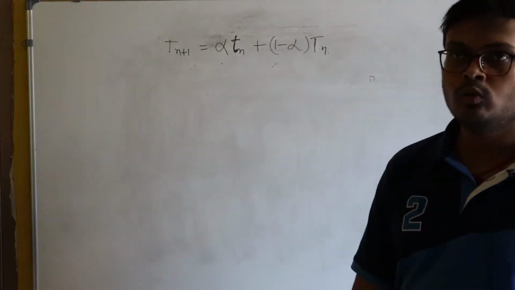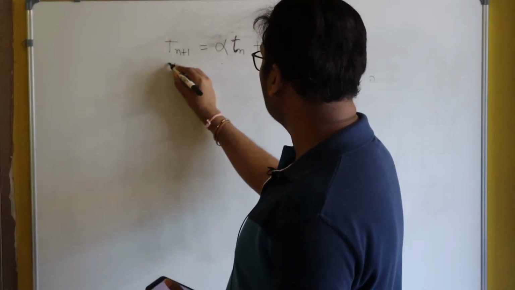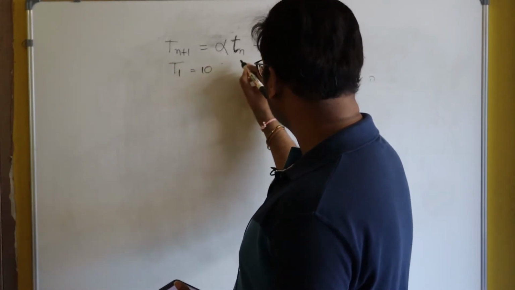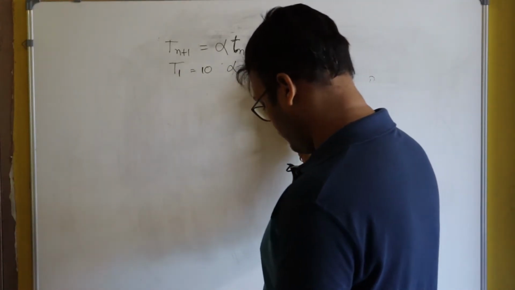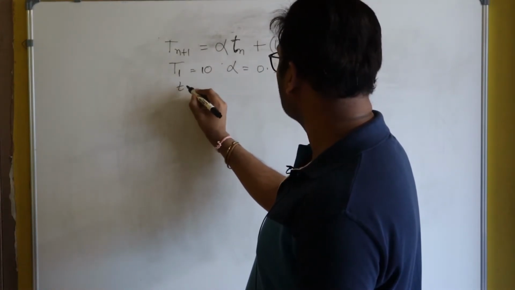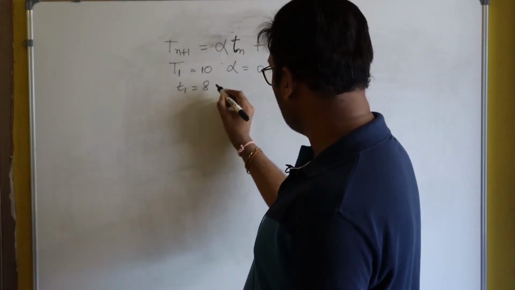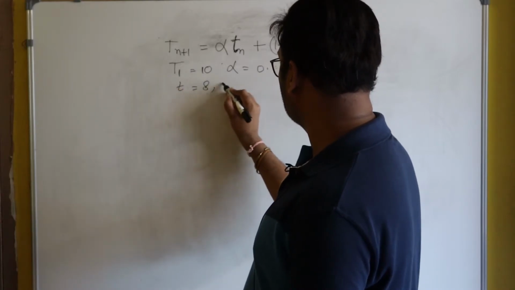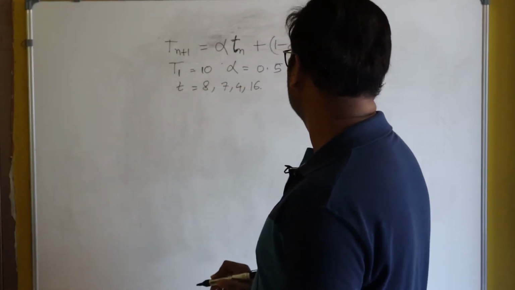Here you see one question. The question is, we have T1 given as 10, alpha given as 0.5, and previous burst times given as 8, then 7, then 4, then 16.